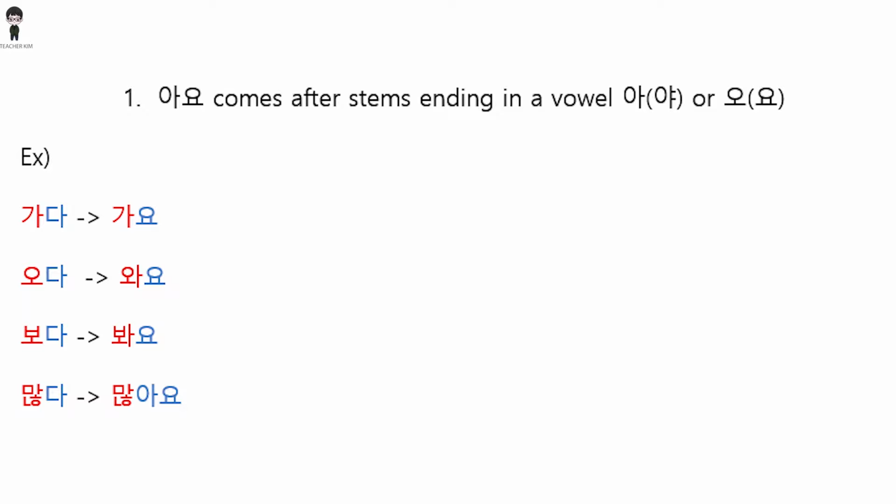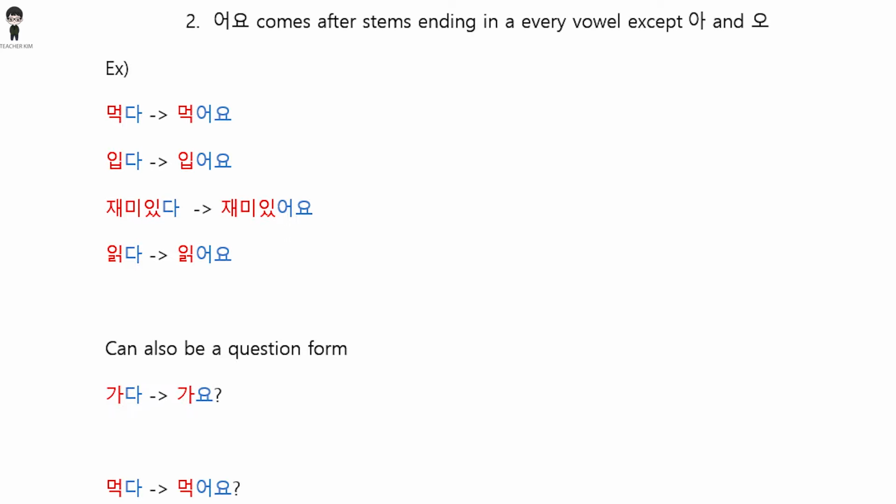But the words that take oyo are those ending in a vowel except ㅏ and ㅗ. So for example, 먹다 will become 먹어요 because it doesn't end with the vowel ㅏ or ㅗ. After that, 입다, you get rid of 다 and then it's 입어요. The next one is 재미있다, and you can convert this to 재미있어요.